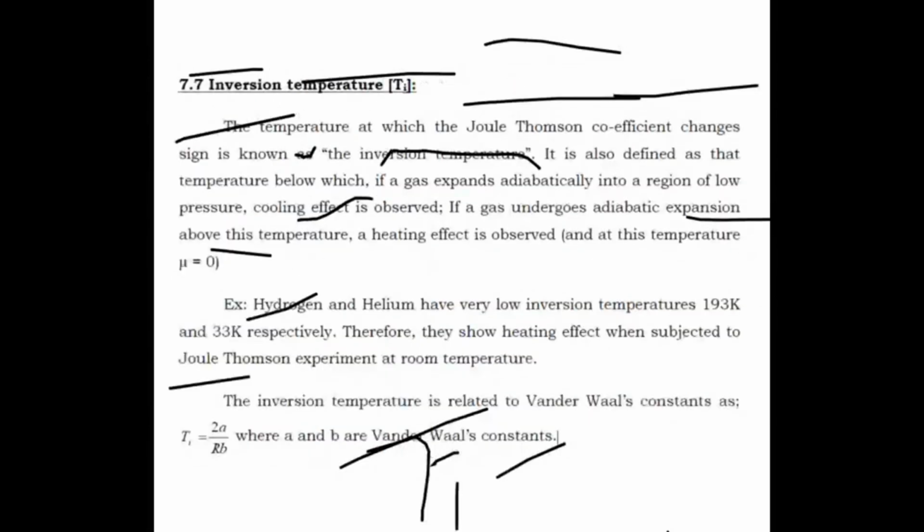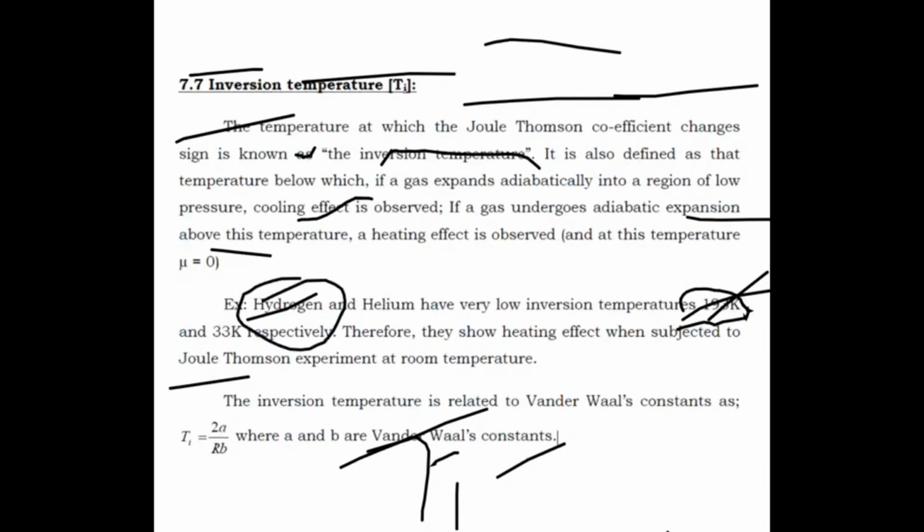For hydrogen, it needs around 193 Kelvin at certain pressure. If you are changing from one state to another state, that is from gaseous state to liquid state, that is the temperature at which it can be denoted. So this temperature is the inversion temperature. Minus 80 degree is another inversion temperature for hydrogen.